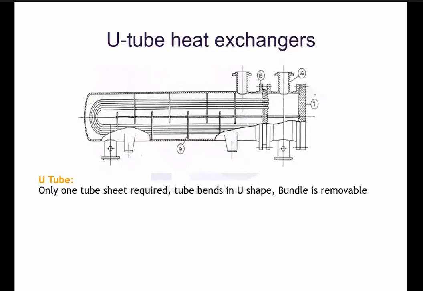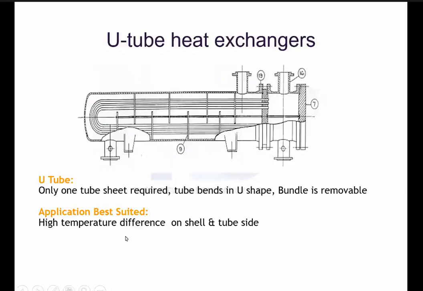We can clean the shell. In the first case, we cannot clean the shell because it is fixed tube. In this case, that problem is eliminated. Remove the rear end, and the bundle can be pulled out. Once the bundle is pulled out, the inside of the shell can be cleaned, right?